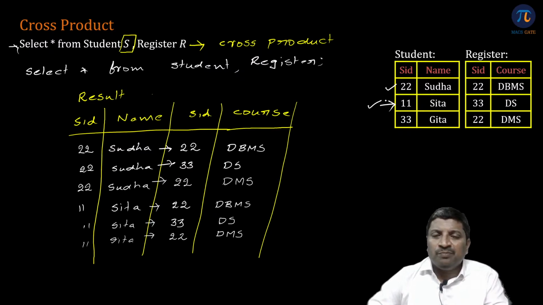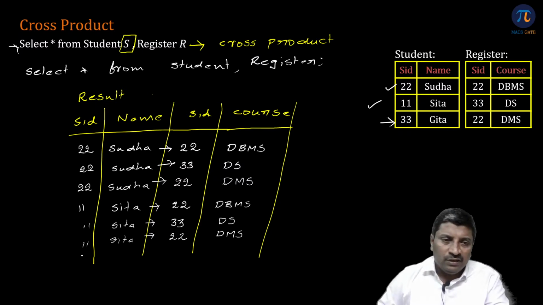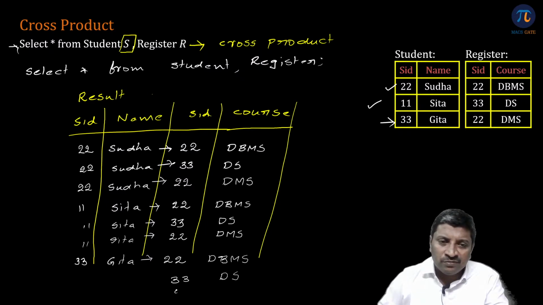Then we completed the second record. Go to the third one, Geeta. 33 Geeta. Again the same story, sir. 22 DBMS, 33 DS, 22 DMS.